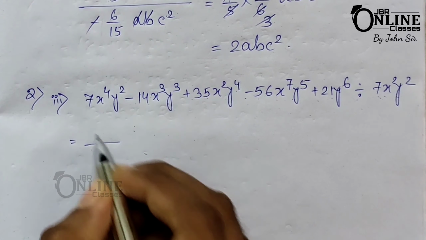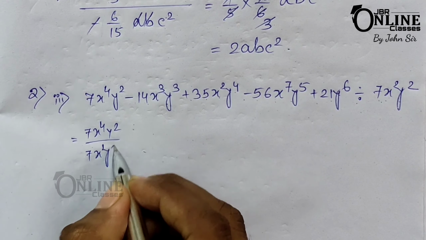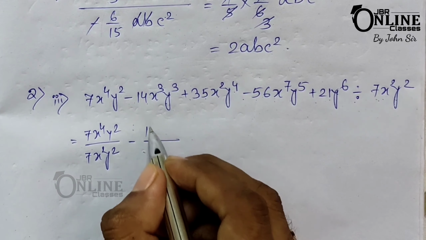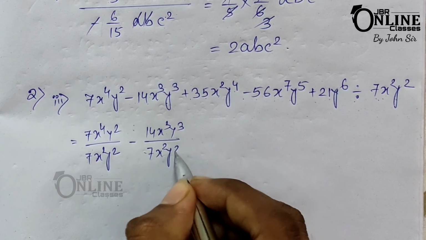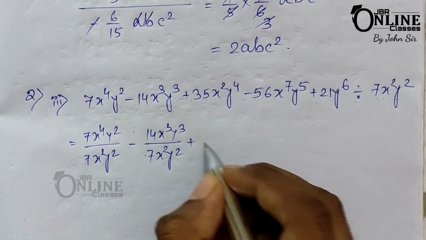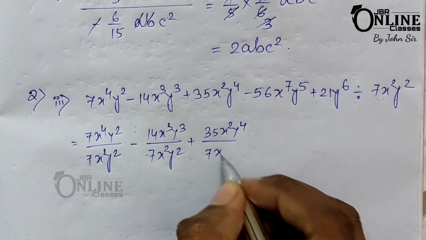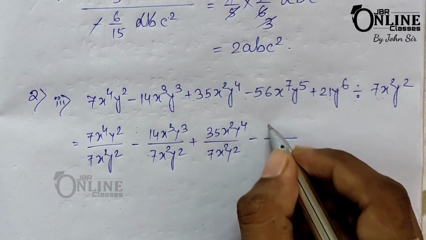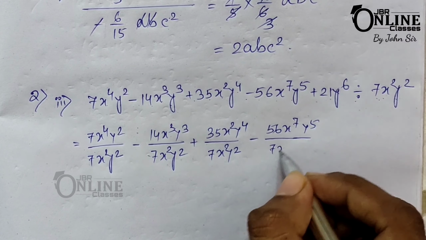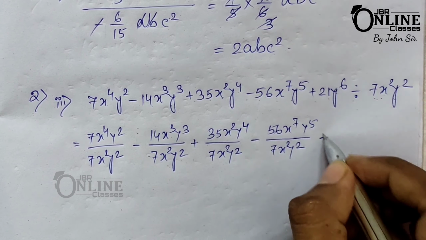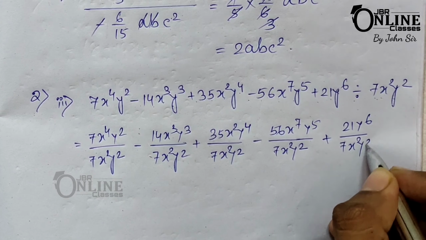So first write down the first term by 7x square y square, then write down the second term, careful about your sign, third term, 4, so 7x square y square, next 56 x to the power 7 y5 by x square y square, the last one 21 y to the power 6 by 7x square y square.